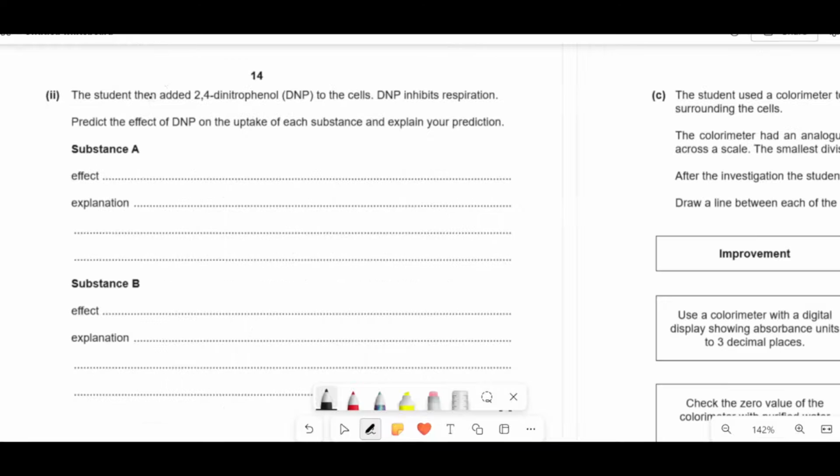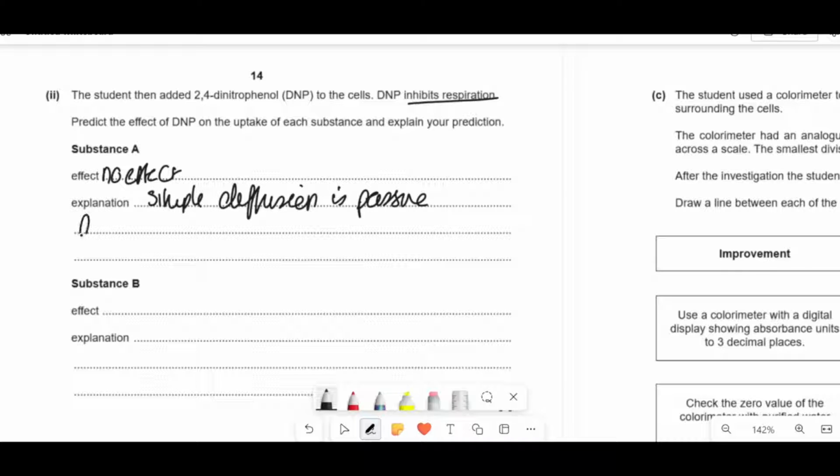carrier proteins to work. So the student then added 2,4-dinitrophenol to the cells, and this inhibits respiration. Predict the effect of the DNP on the rate of the uptake of each substance. Well, we just said that substance A is simple diffusion, so there is no effect. Why? Because it is simple diffusion, and it is passive and does not need ATP, which is what respiration is for.